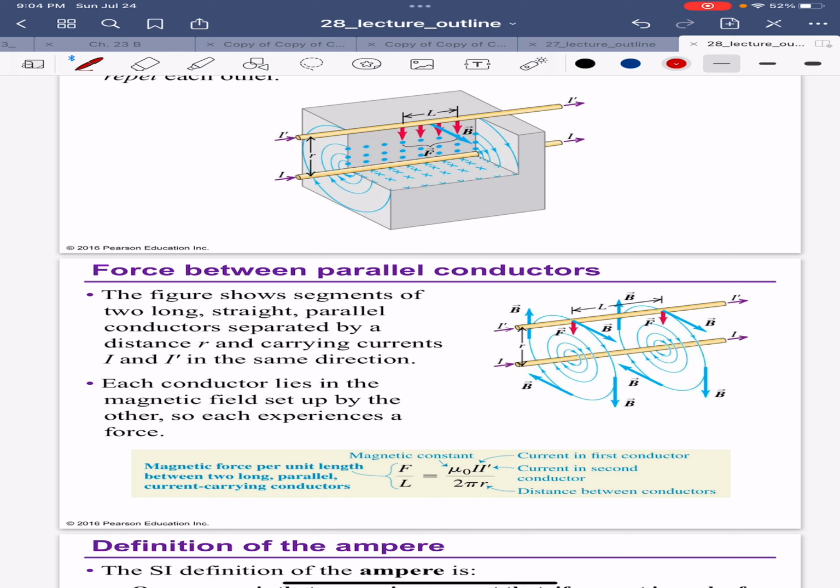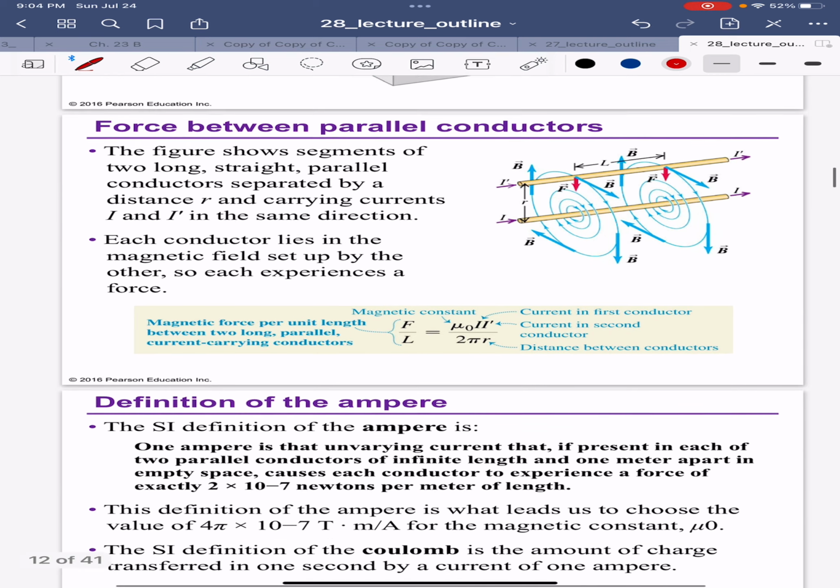This force is an attraction if the currents are in the same direction, and a repulsion if the currents are in opposite directions.